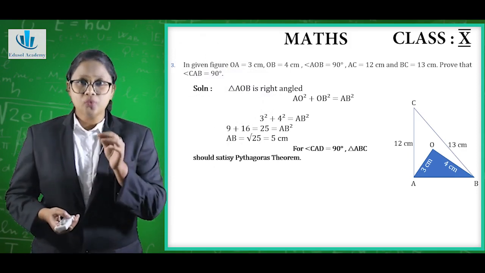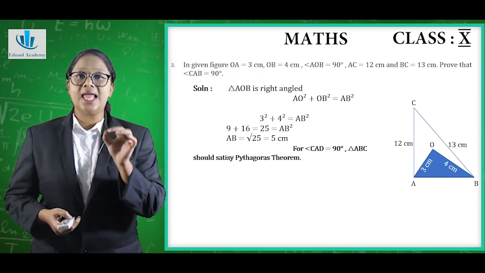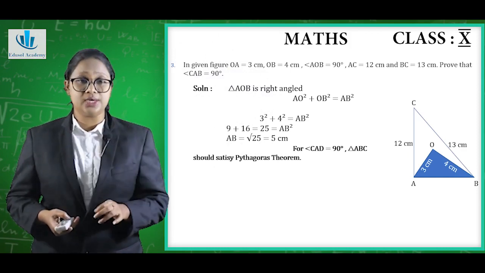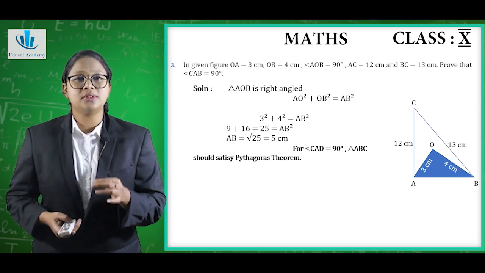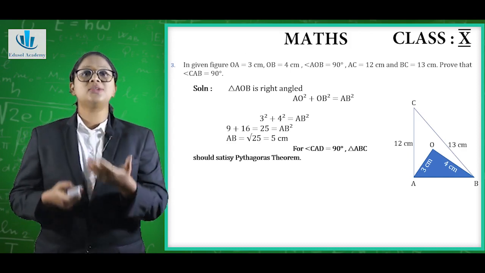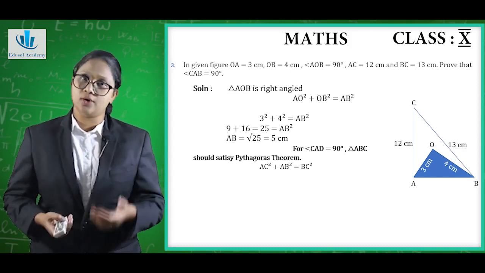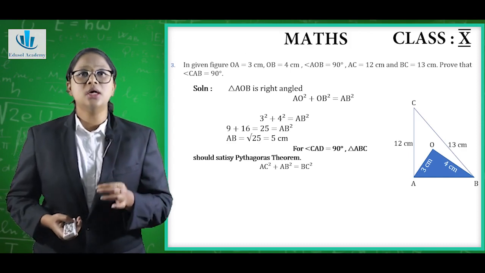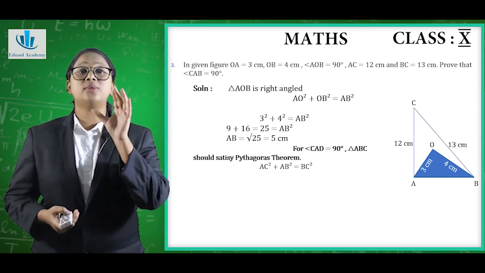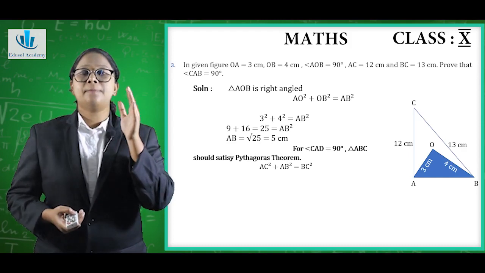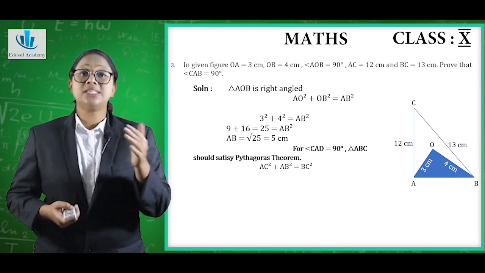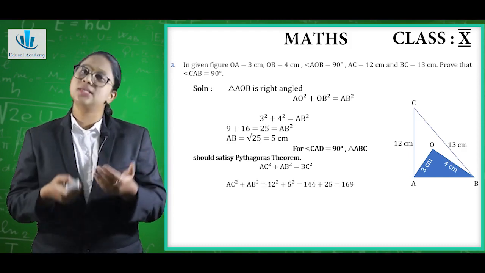Now, in order to prove that angle CAB is equal to 90 degree, the triangle ABC should also satisfy Pythagoras theorem. I hope that's clear. So we have to verify if AB square plus AC square is equal to BC square.